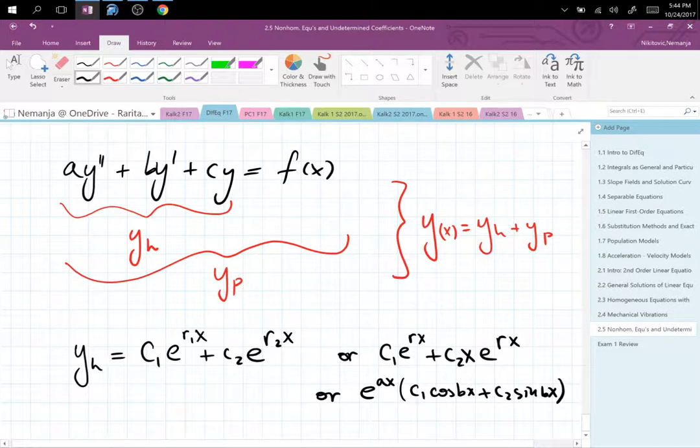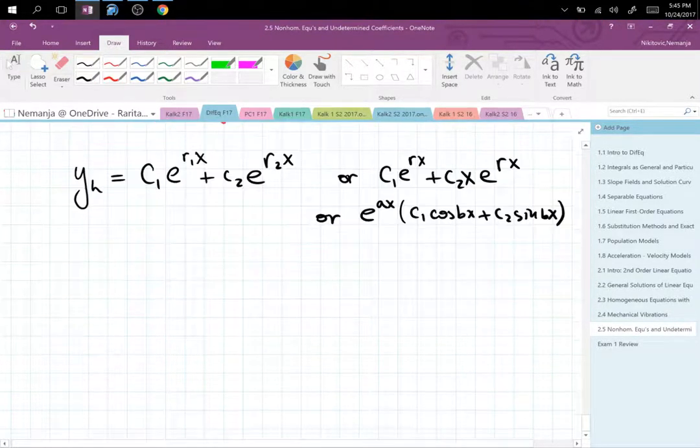So you will have any of these three as the answer to the homogeneous case. And that's all studied in 2.1, 2.3, the homogeneous part. Variation of parameters is what we do for yp.